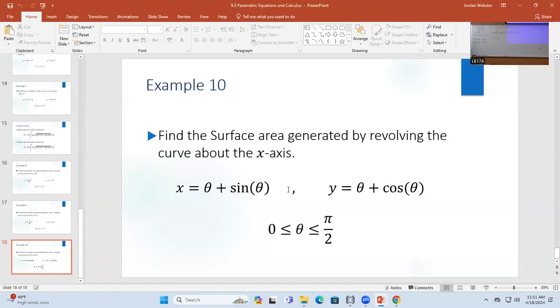Specifically with the ellipse and the hyperbola, that first derivative was pretty straightforward to find. And with arc length and surface area, sometimes these parametrics are much nicer than the rectangular versions. This would be a really hard rectangular version to get out, so you can see how that would be advantageous.